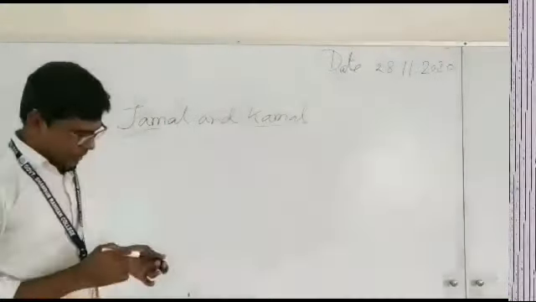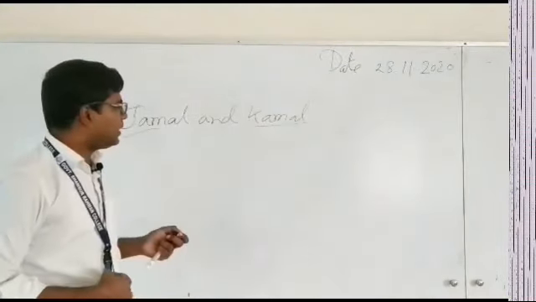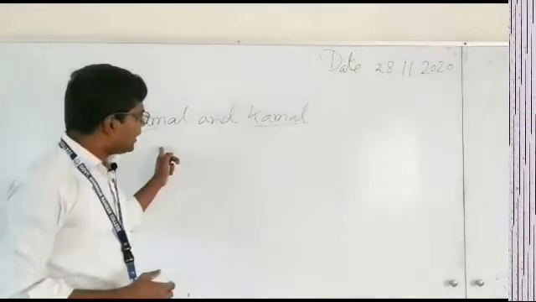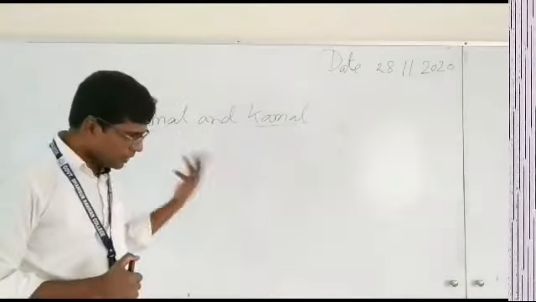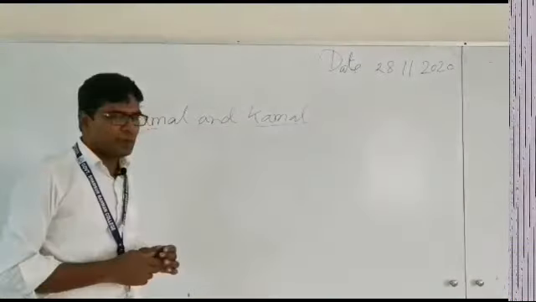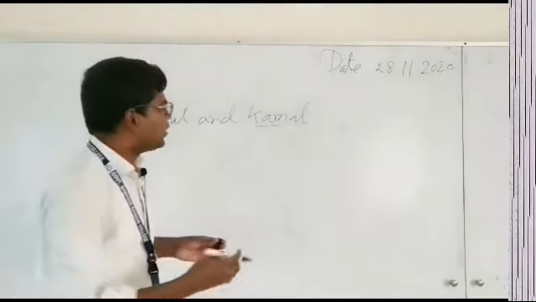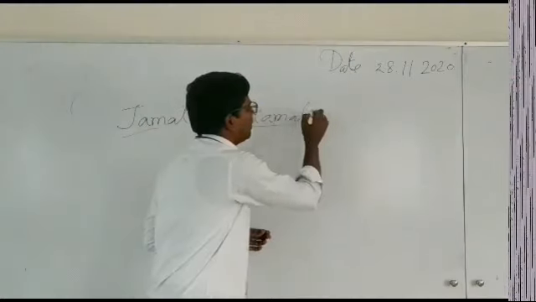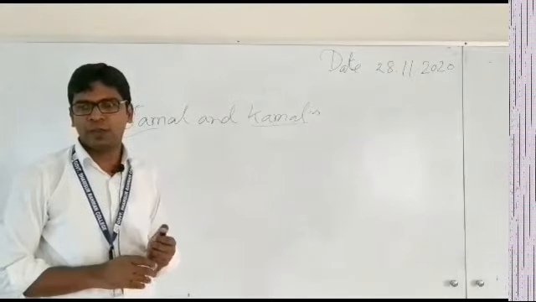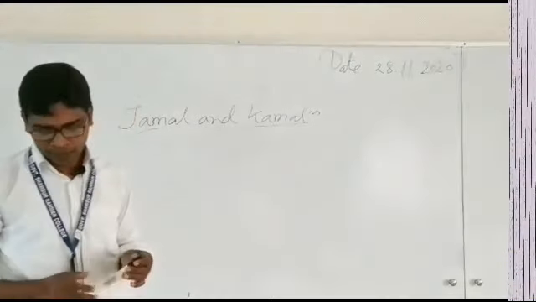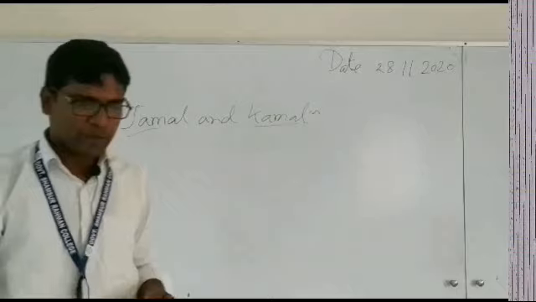This is a compound word, Jamal and Kamal. We add Jamal with Kamal using and. If I want to make it possessive form, we have to use apostrophe s only on the last word of the compound word. We have to use apostrophe s on the last word of the compound word.